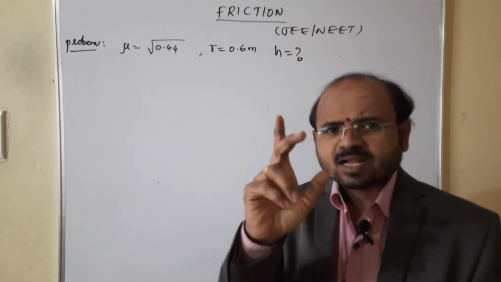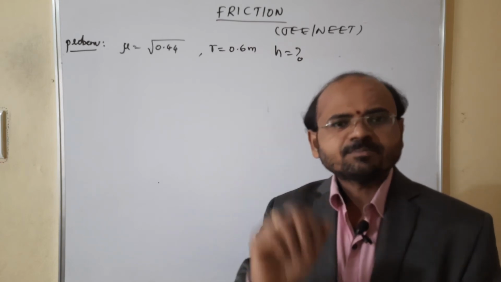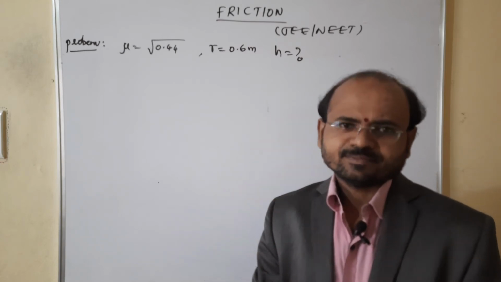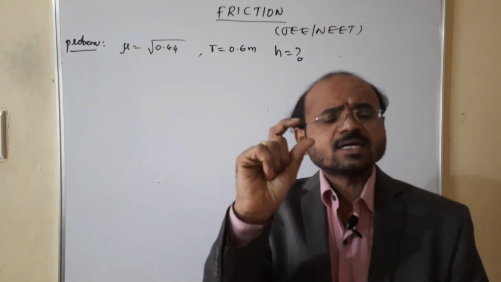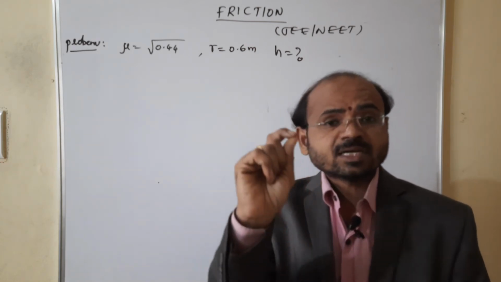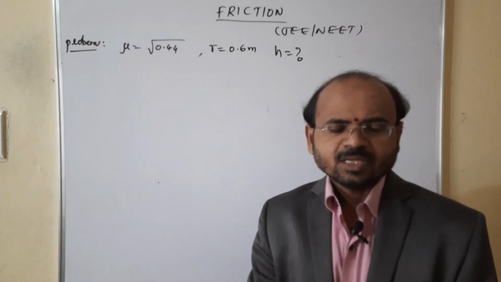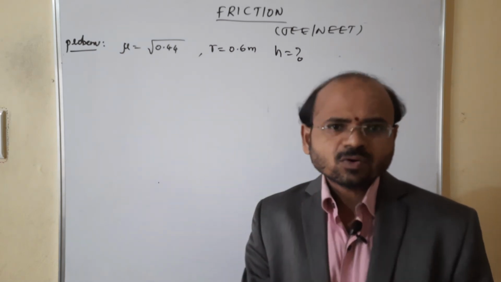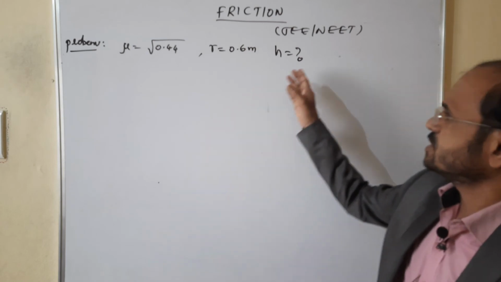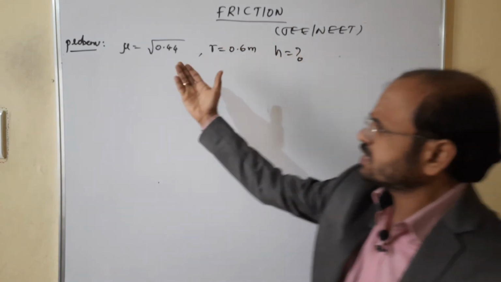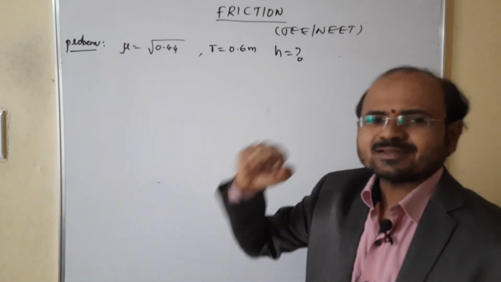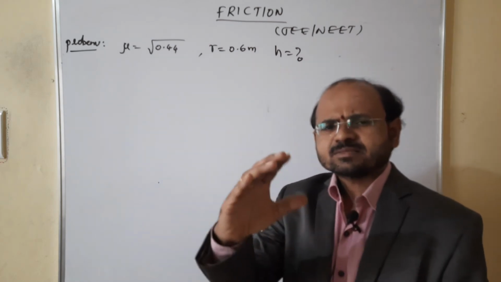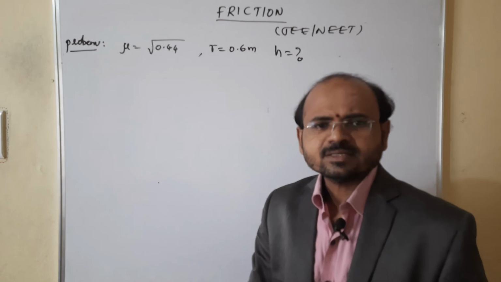The insect is traveling up through certain heights. Find the maximum height the insect can reach, at which point it may lose contact. So it is asking for h.